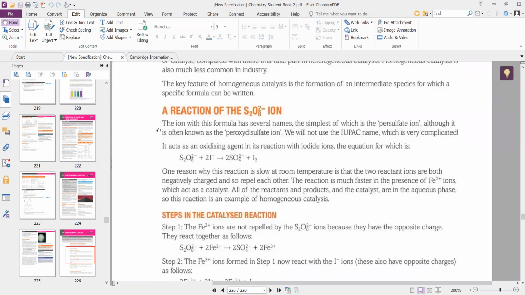Example number 1: reaction of the S2O8 2- ion.